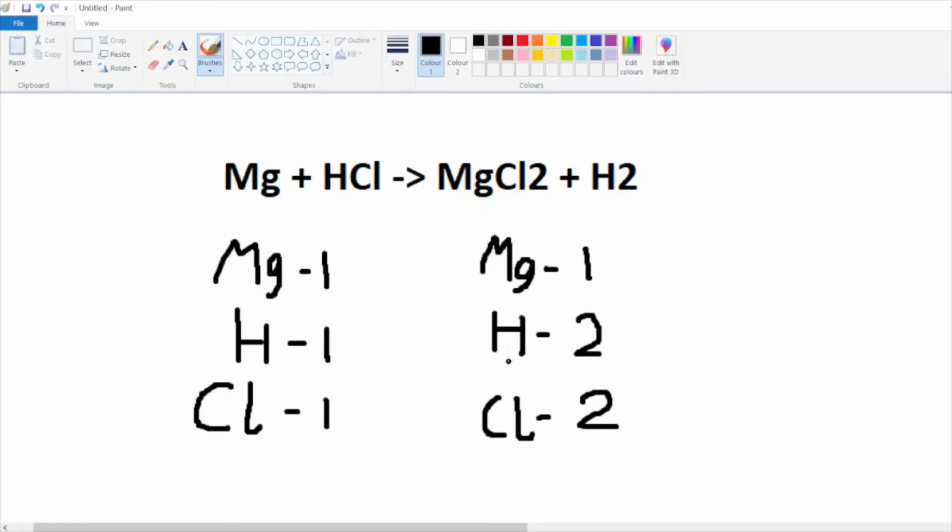So we need to get from 1 to 2 of both of these, and the very convenient way to do that is just to stick a 2 in front of there, and that makes 2 of each, and we've balanced it. Now, as I was saying about how this is like a mole ratio, that's like saying for every 1 mole of magnesium I have, I need 2 moles of hydrochloric acid, because moles, again, are just a measure of the amount of a substance.